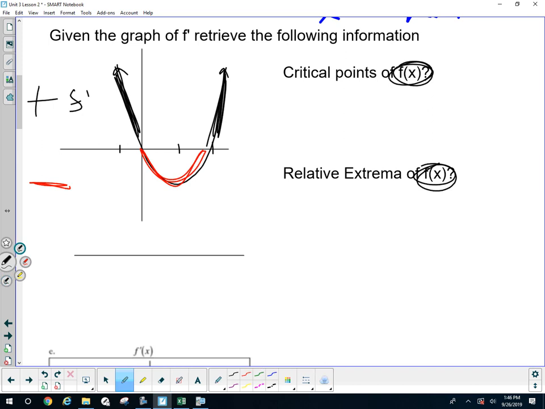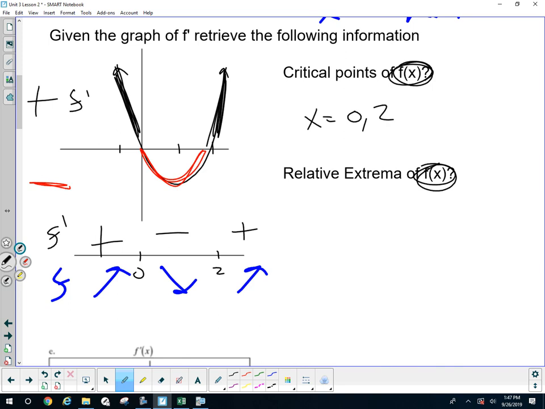Translating this from a two-dimensional graph to a one-dimensional sign analysis helps us determine that F, whose derivative looks like this, is going up, then down, then up, which means the critical points are 0 and 2. 0 is a max, 2 is a min.